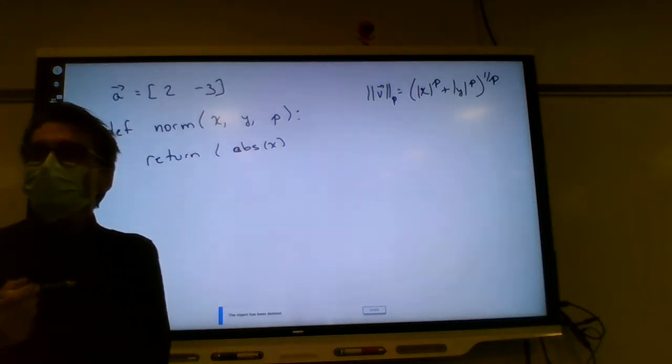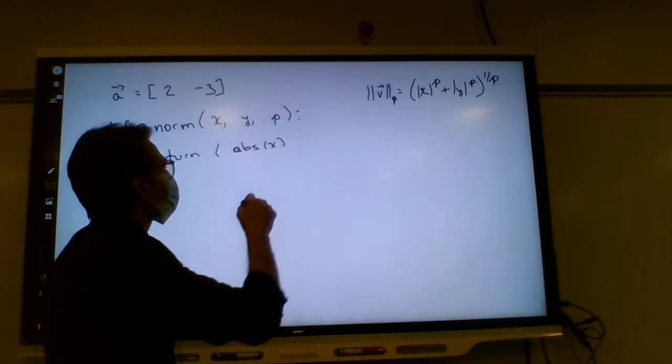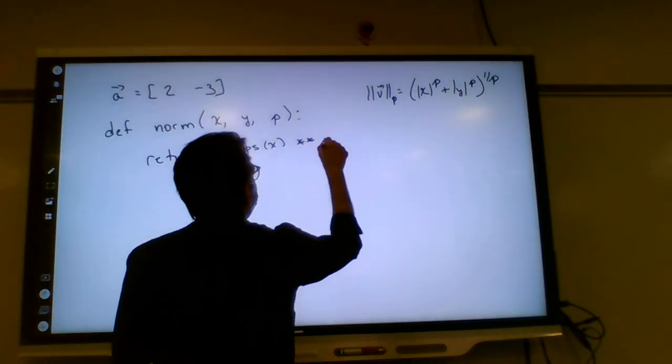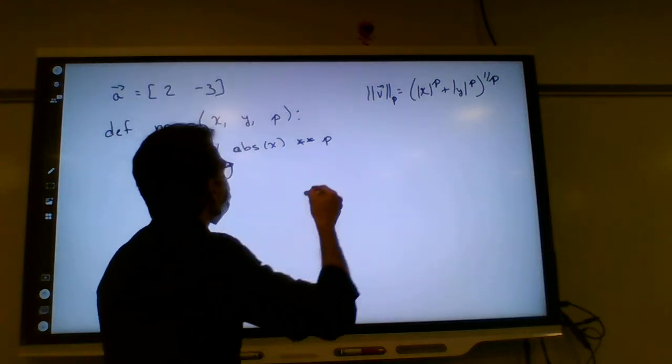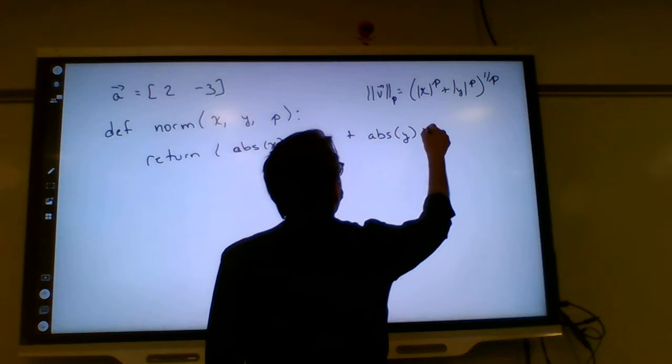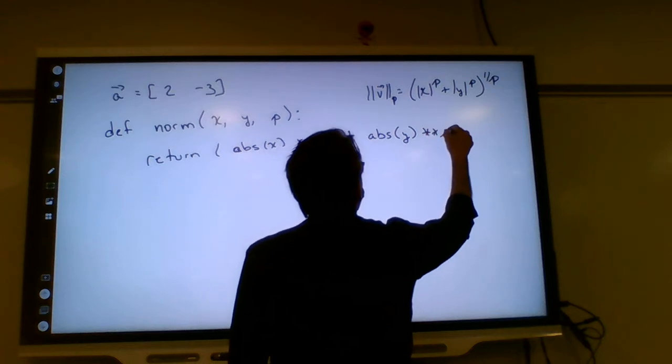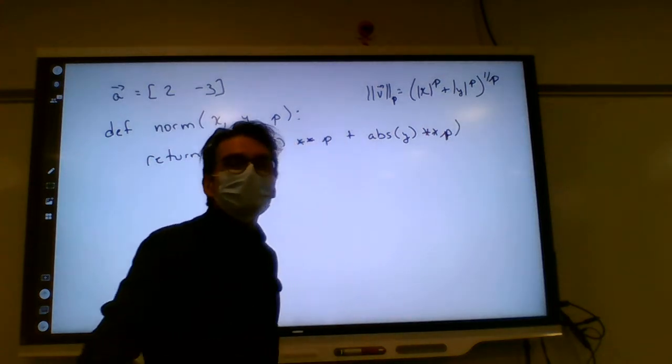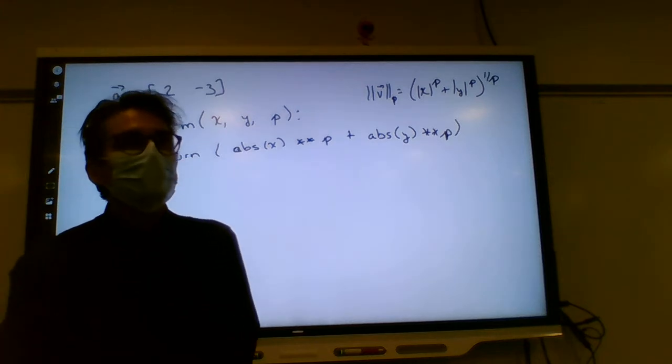And how do we raise that to the p power? And then what do we want? We want the absolute value of y. And then we want to raise that to the 1 over p power.